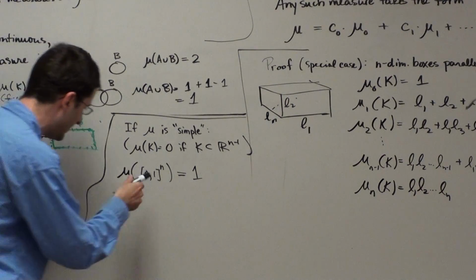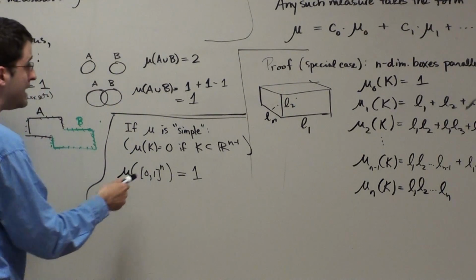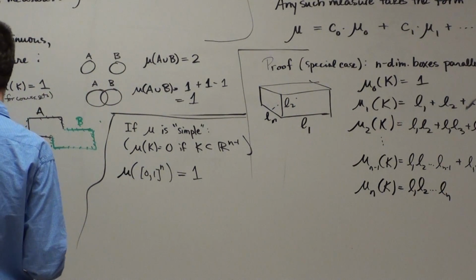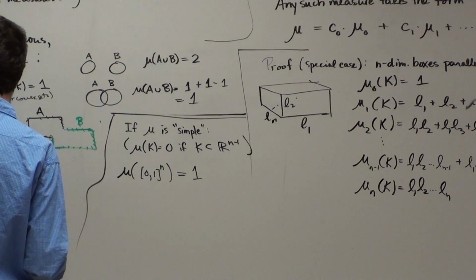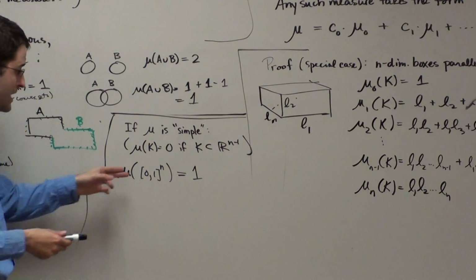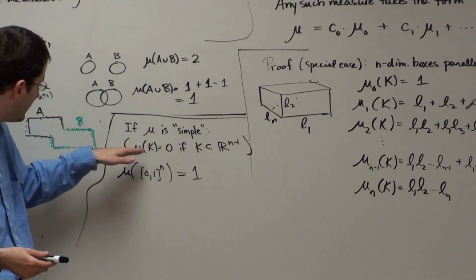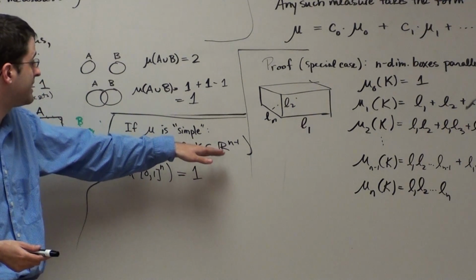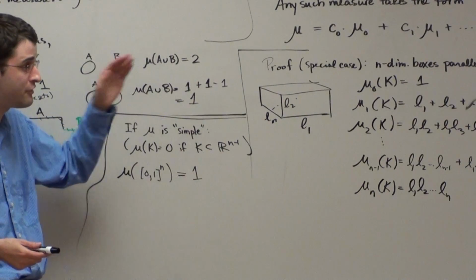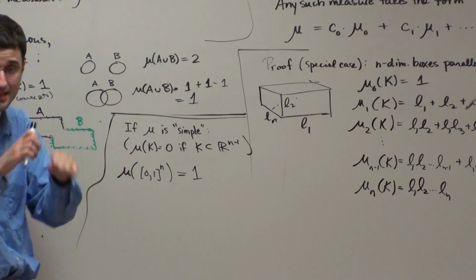Let's see, because this is finitely additive, we can chop up this box into finitely many pieces. And because we don't have to worry about n-1 dimensional subspaces, we don't have to worry about the intersections anymore.